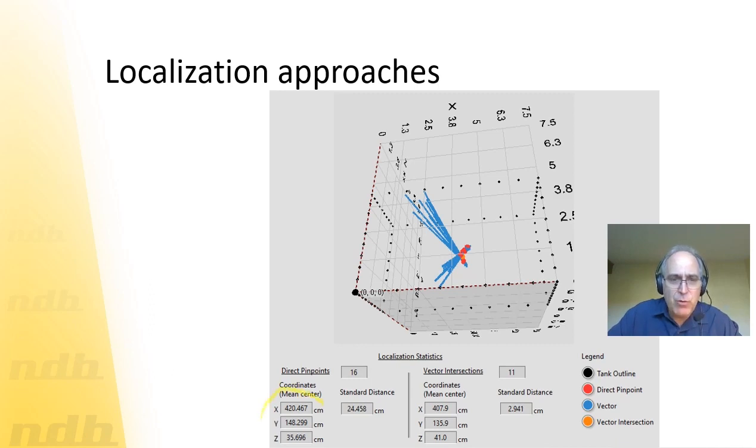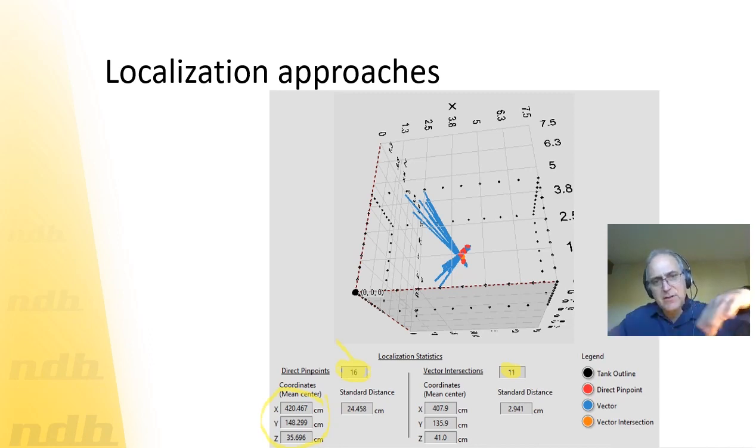So over here you see the pinpoints' mathematical average position of the 16 points I made was 420, 148, and 35 centimeters from the origin. And I had 11 vector intersections that cross themselves.